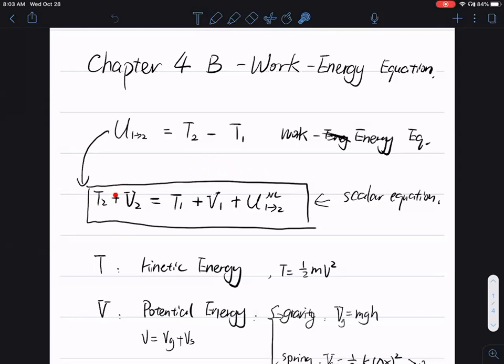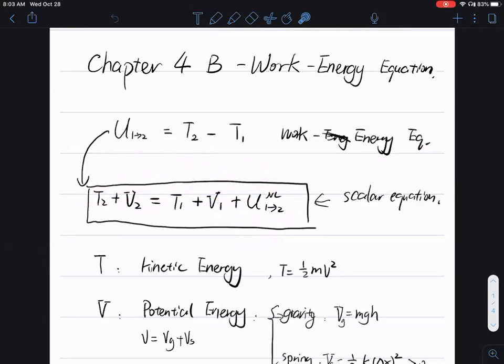When you write it out, make sure you write it correctly, because it's very easy to put the work done by non-conservative forces on the wrong side. Keep in mind, this work done U and C must be on the side with T1 and V1.